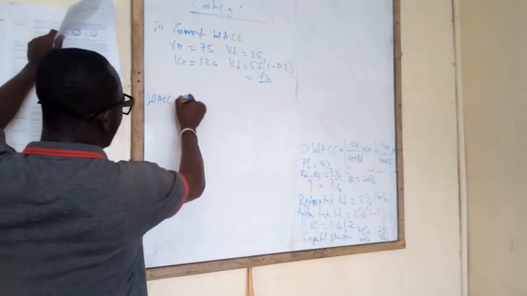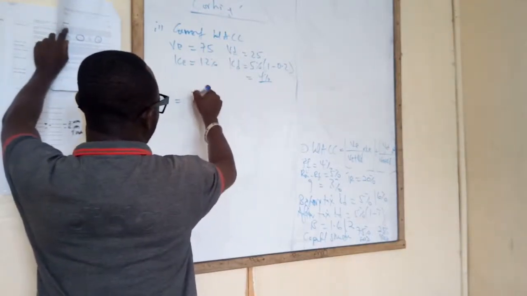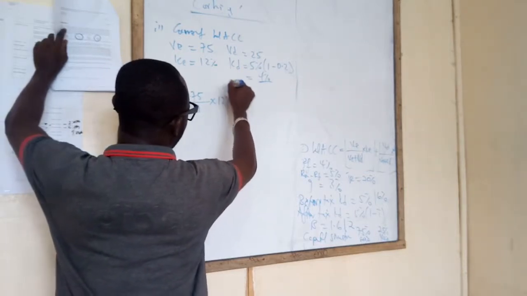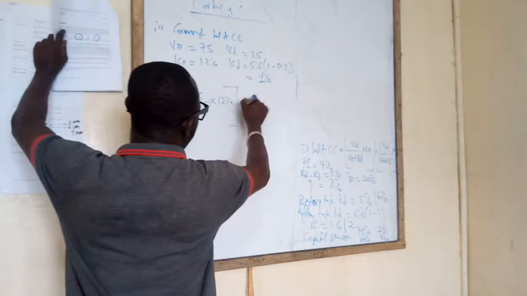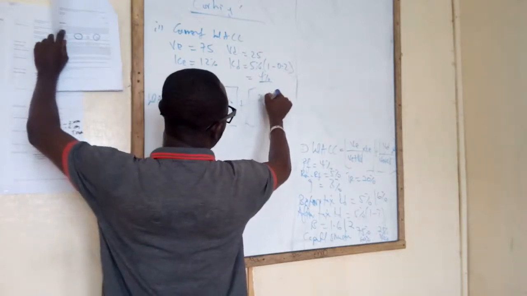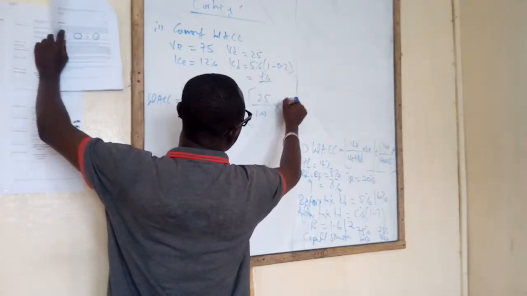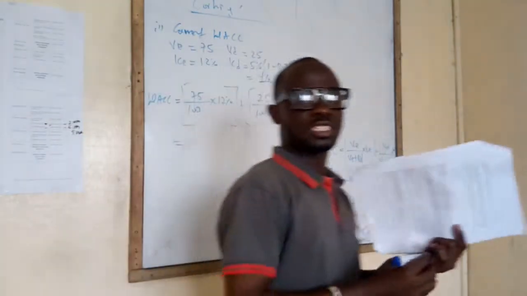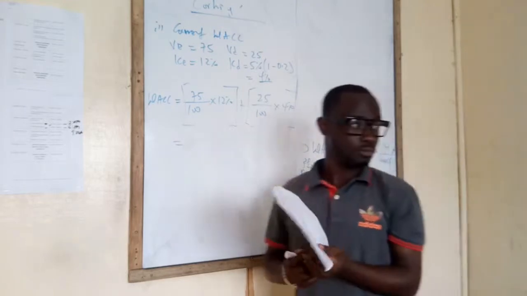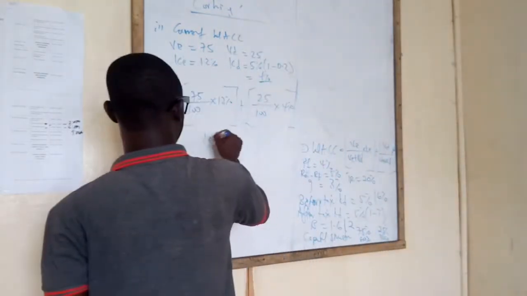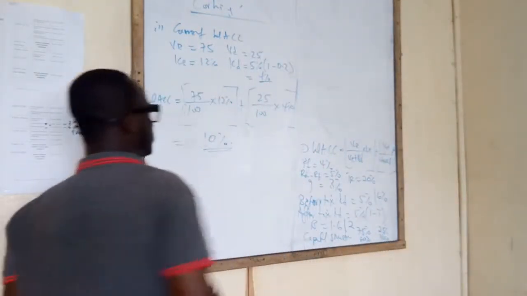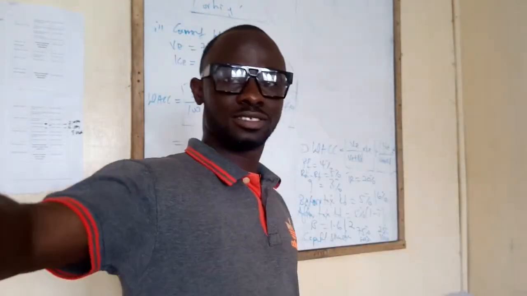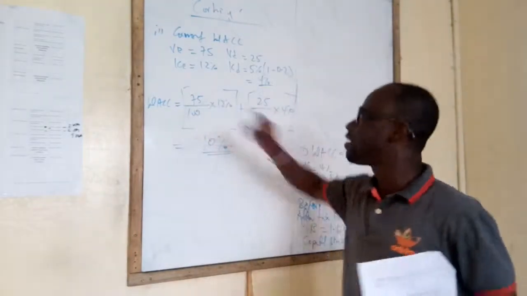WACC will now be equal to VE, 75 over 100 times 12%, plus bracket open 25 over 100 times what? 4%. Can I have an answer, please? So this is how we can find it. 10% after tax. So that is the current WACC.